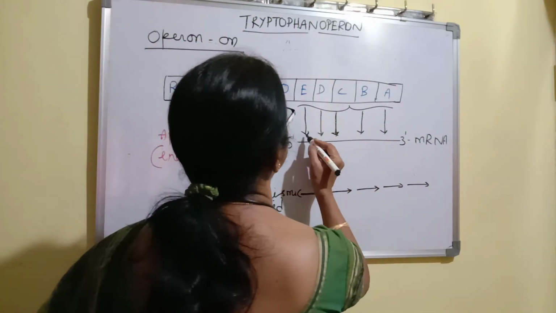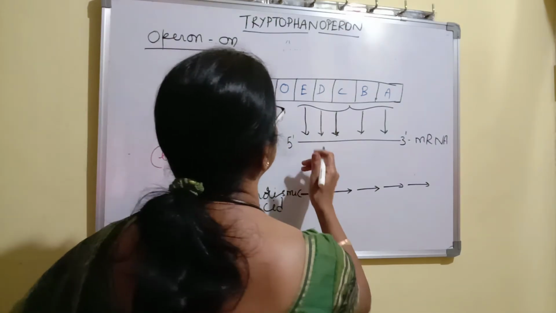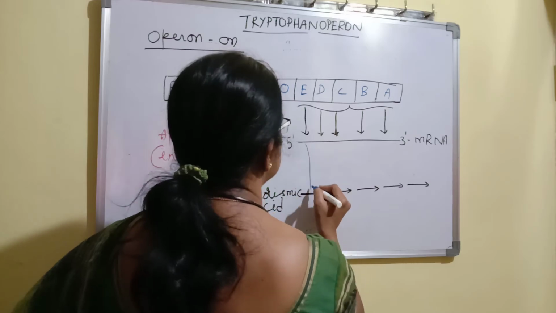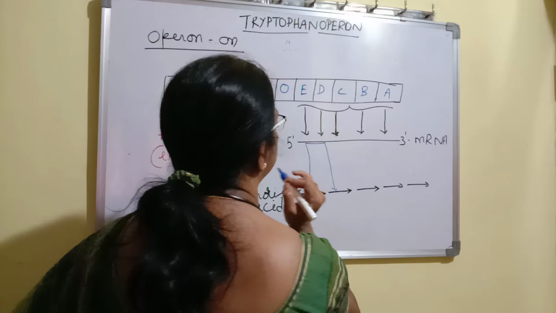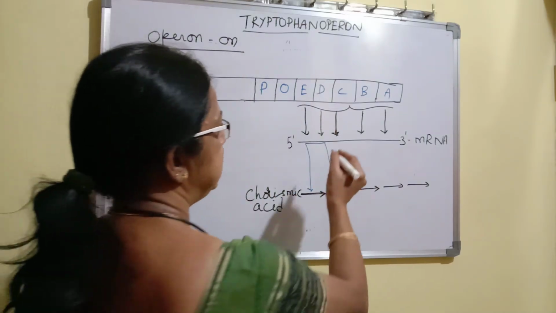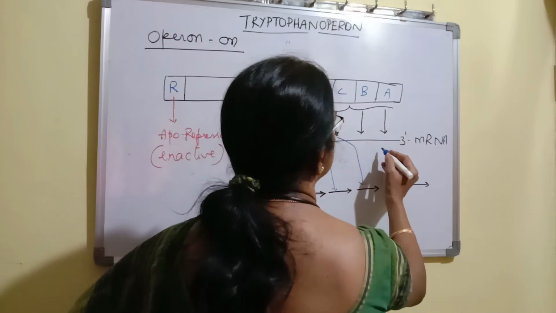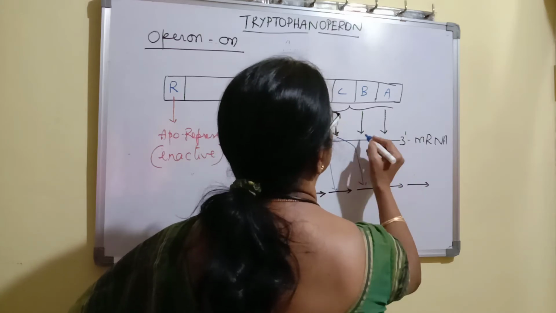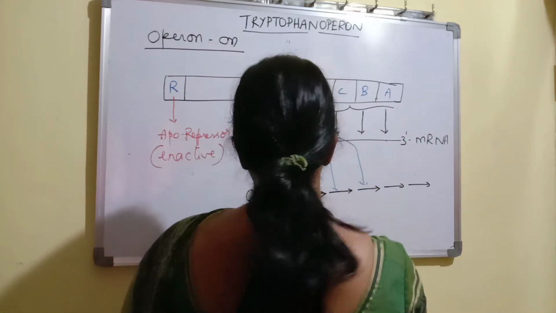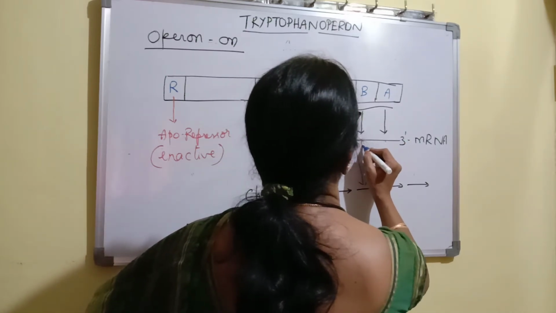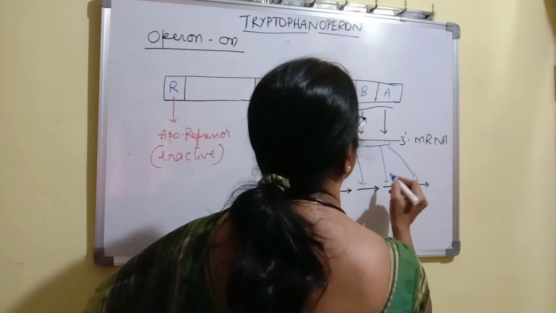And these enzymes, first these 2 genes will produce enzymes here. This C will directly produce this, and again these 2 we take, if they are going to produce this way.